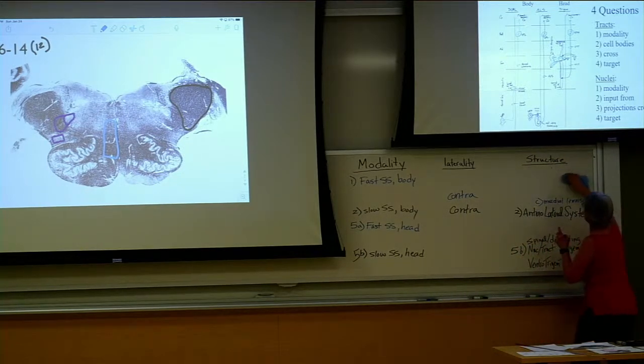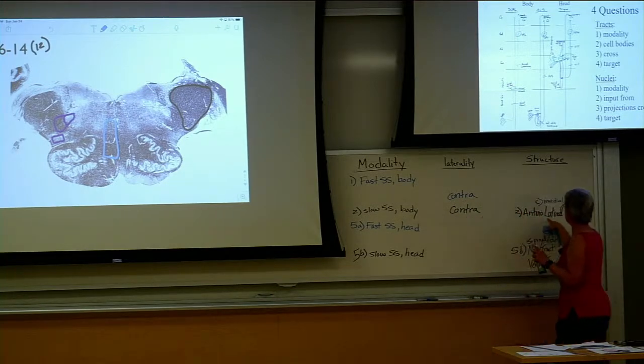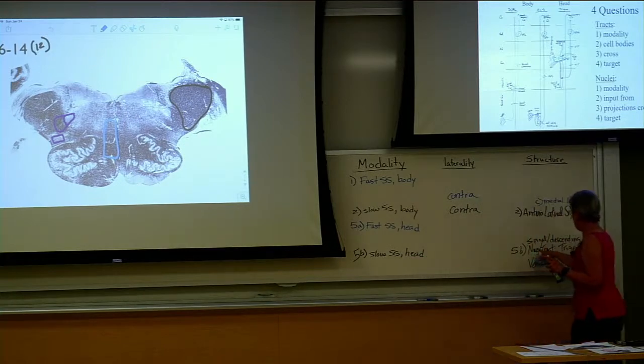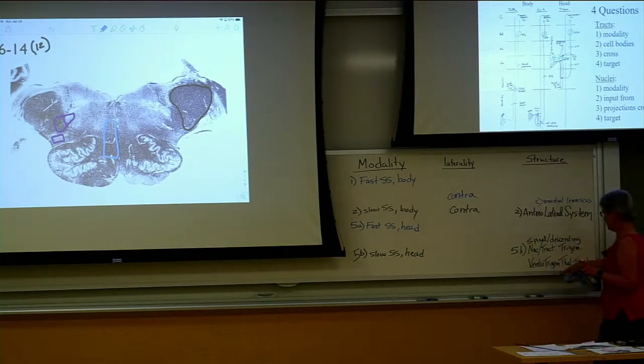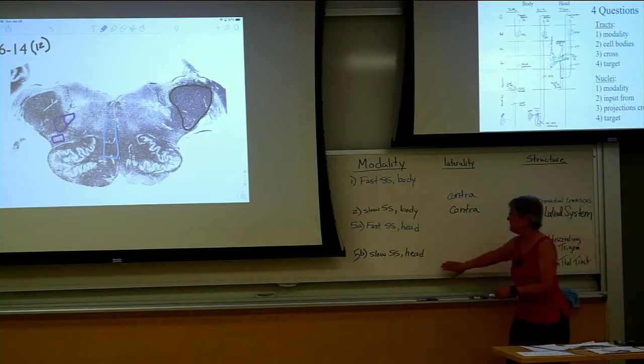And all that's left is our medial lemniscus. Slow somatosensory from the body, still anterolateral system. Slow somatosensory from the head, we're still going to be looking for that descending nucleus and tract of the trigeminal system, as well as VTT.